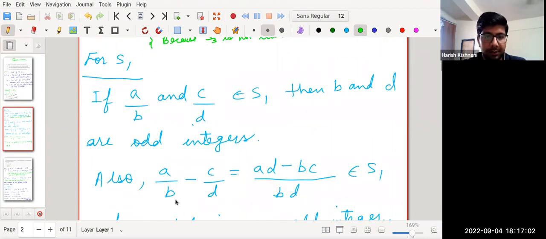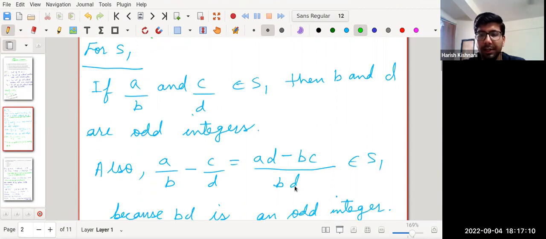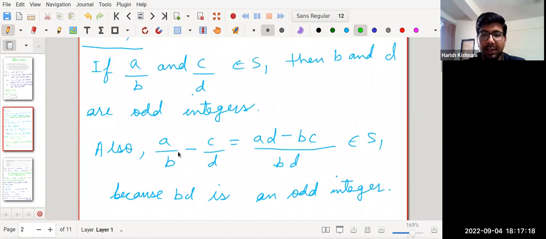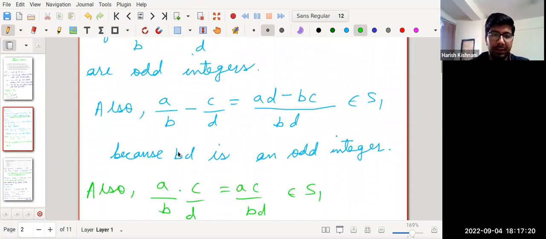Also, subtracting two rational numbers, A by B minus C by D is just AD minus BC upon BD, and it is again an element of S1, because if B is an odd integer and D is an odd integer, then BD is also an odd integer. That's a trivial fact.